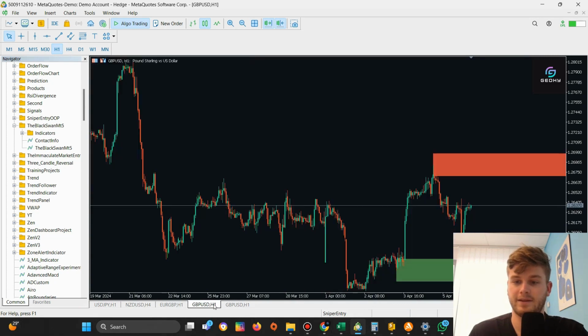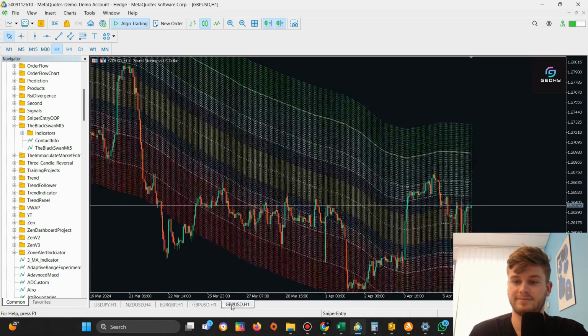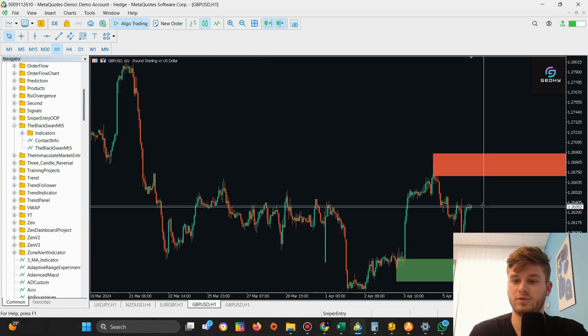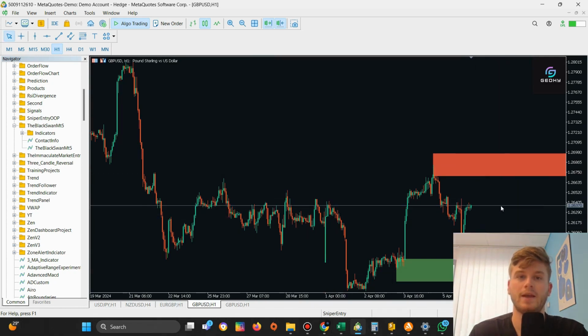So we would wait for price to go either up and then back here, or down and then back here. This is just another way of how you can use the Black Swan indicator.